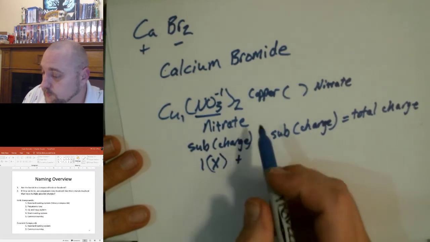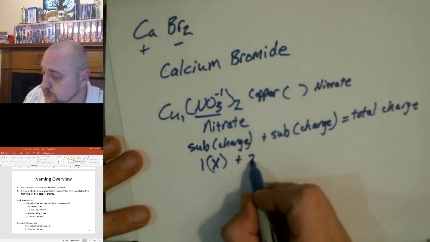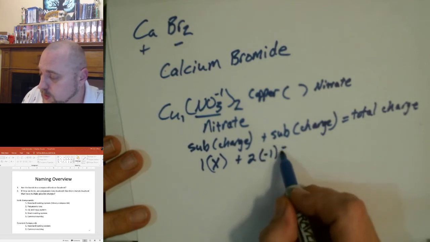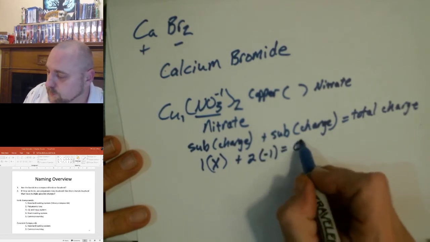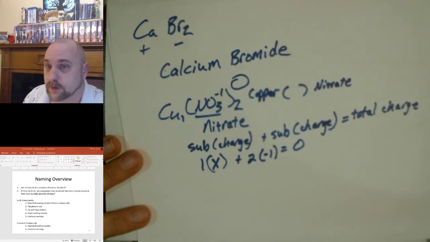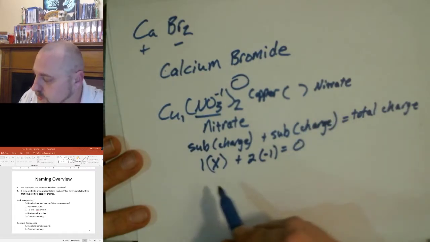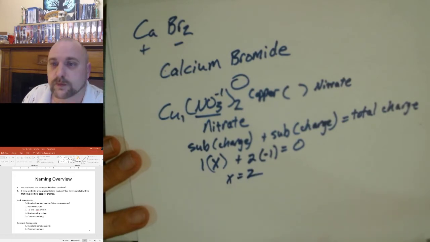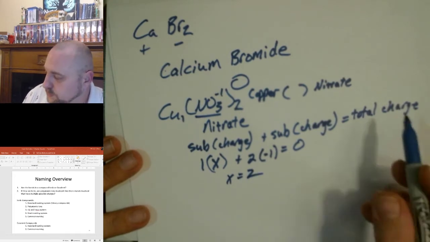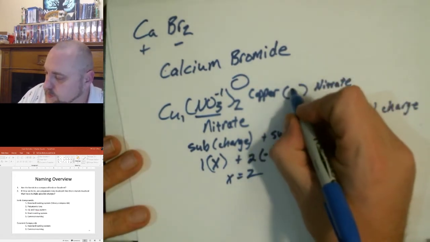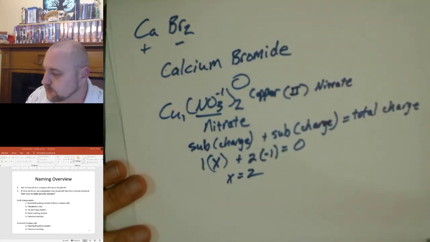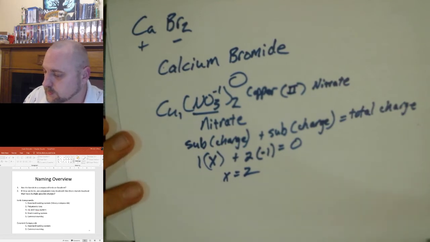Subscript for the NO3 is this 2. We have 2 nitrates. Each one has a -1 charge. And the total charge here is 0 because there's nothing up here. Alright, so doing my math, skipping a few steps, we get a +2 charge. That's the charge that goes here. Okay, so this is copper(II) nitrate.